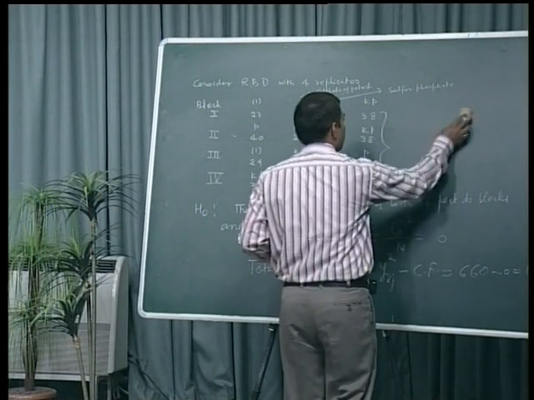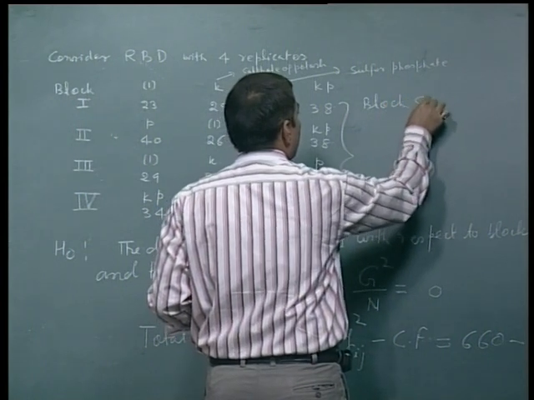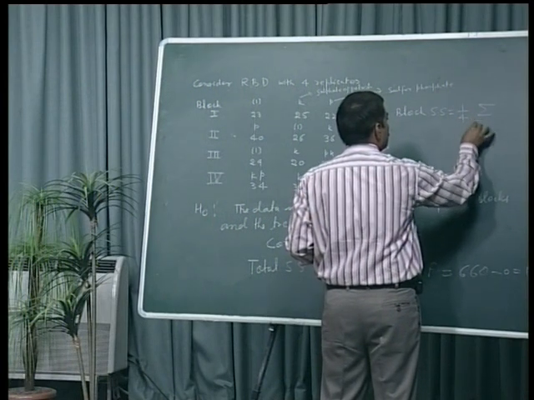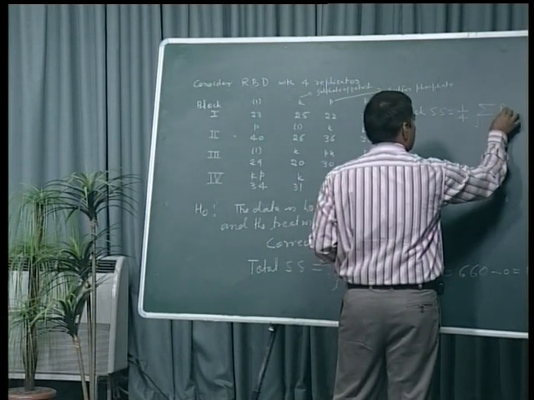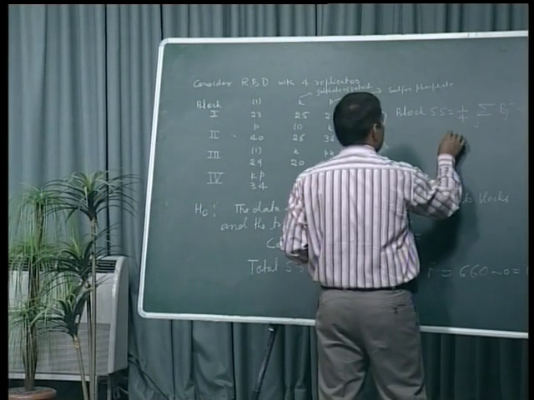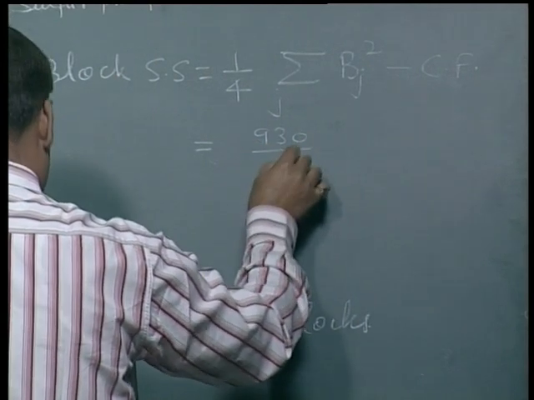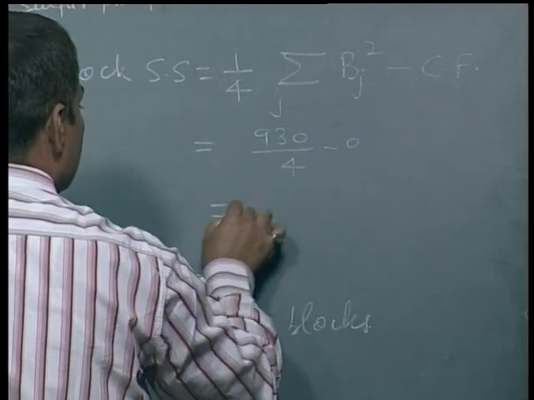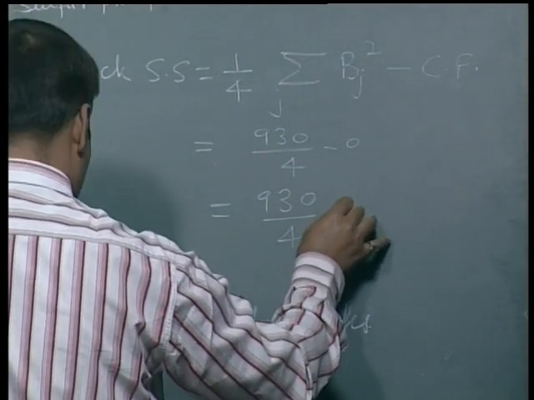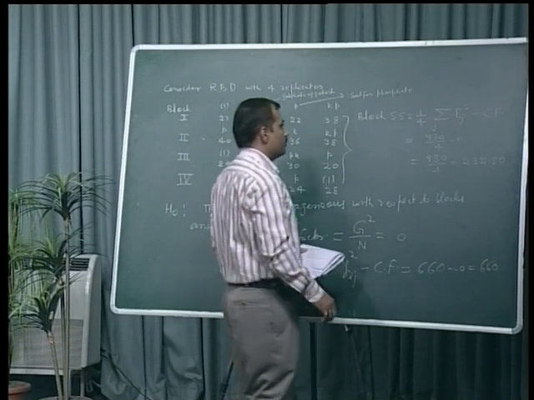Now the block sum of squares is 1 by 4 summation over j of bj square minus CF. This is 930 over 4 minus 0, that is 930 over 4, which is 232.50.